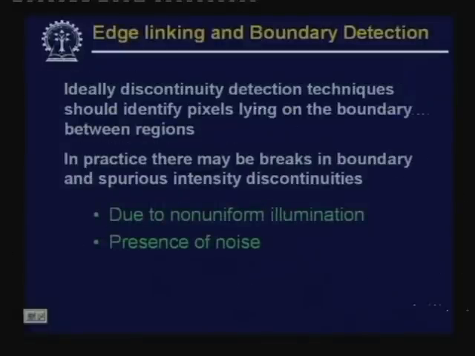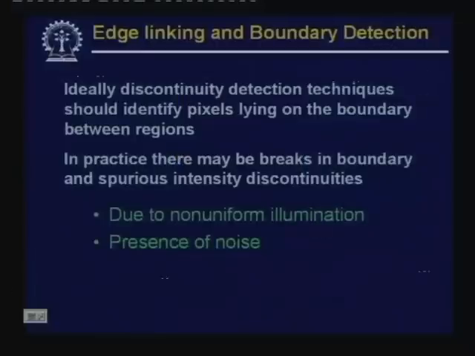So, let us see what we have seen in the last class. We have said that ideally an edge detection technique should identify the pixels lying on the boundary between the regions.